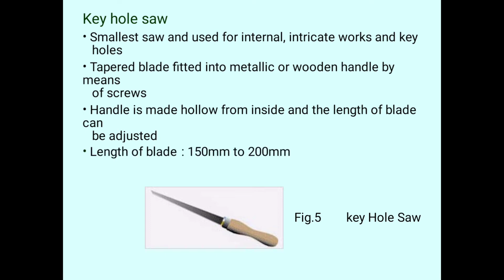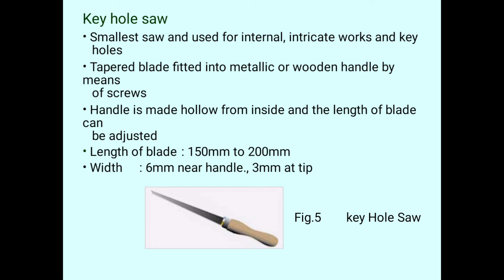Next, the length of the blade is about 150 mm to 200 mm. Next is the width, that is 6 mm near the handle and 3 mm at the tip.